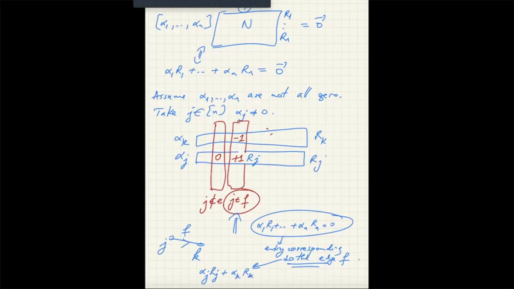All the entries in the other rows are 0. So this is in that column corresponding to edge F. So that has to give us 0 in that position corresponding to F.